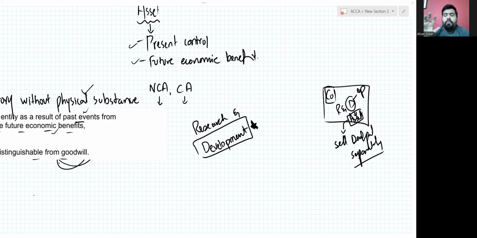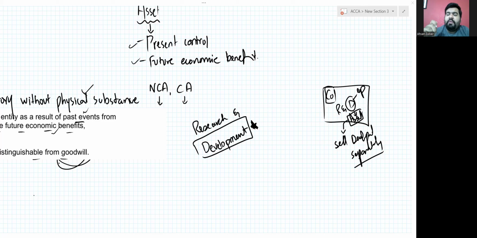You can sell the whole business, but you can't sell it separately, because it's a characteristic of an intangible asset that you can't sell it separately.